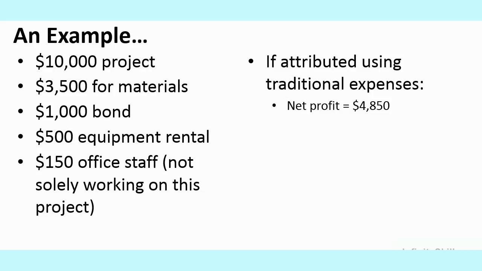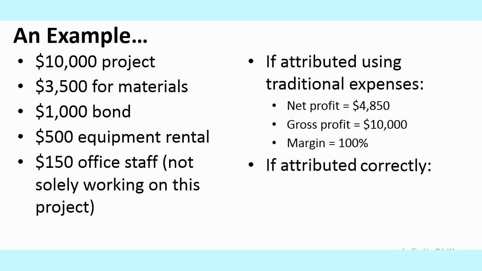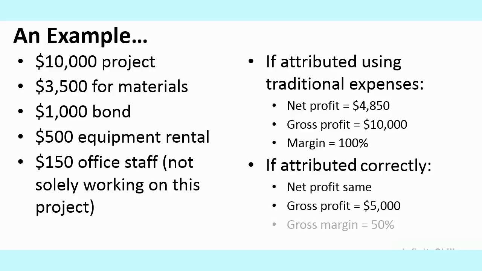If attributed to expenses, just your standard expenses, the gross profit would be $10,000 and our margin would be 100%. If all of them were attributed to COGS except the overhead, then gross profit would be $5,000. Gross margin would be 50%, even though the net profit would still be the same. Can you see why using the proper accounts is important?